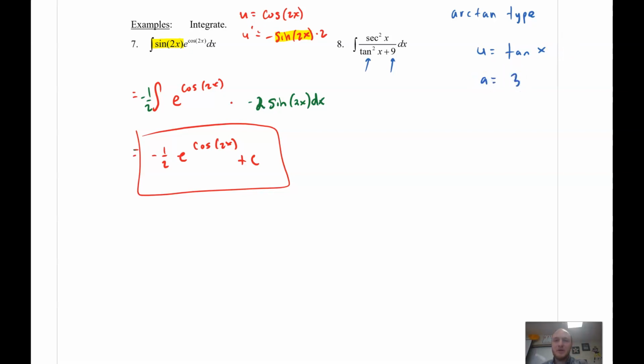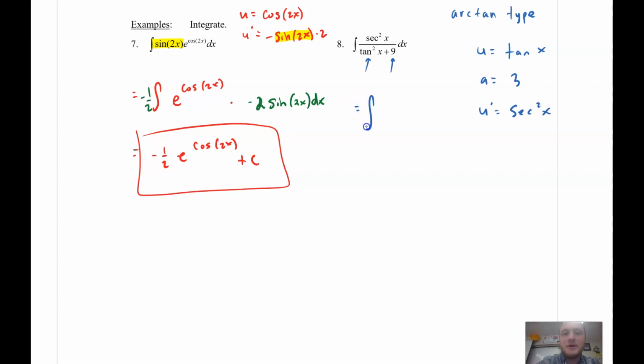Okay, I see that, but the secant squared is a problem. Well, if I let u be my function, I have to have a u prime. And let me see, what is the derivative of tan of x? Oh, it's secant squared? Check that out. So I already have a u prime. Okay, so this is just arctan.